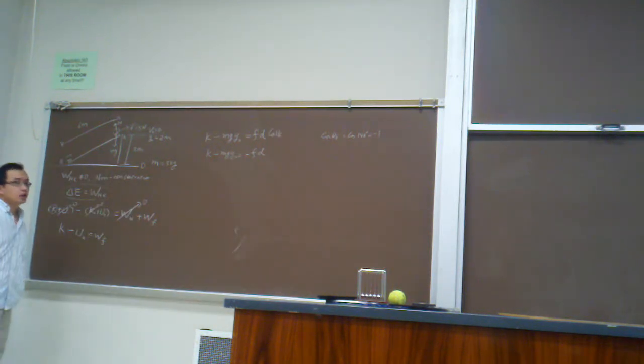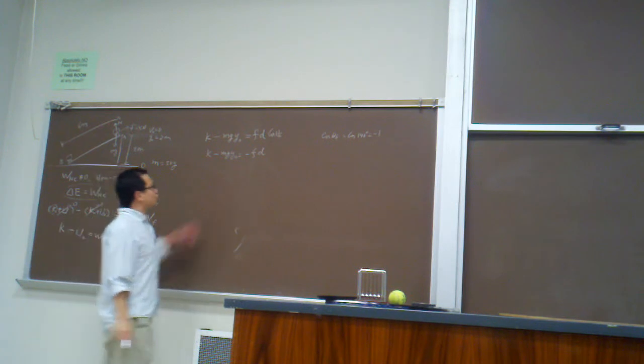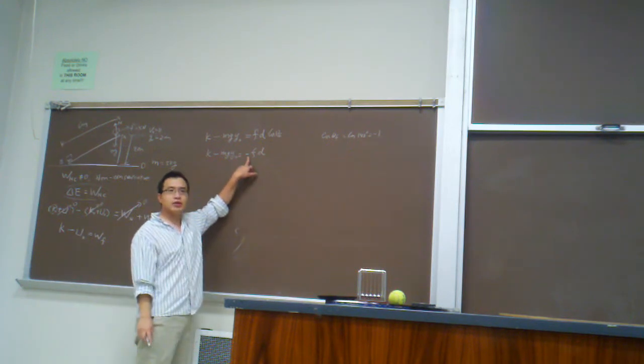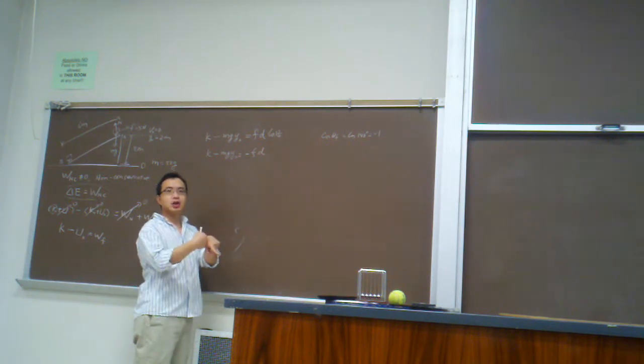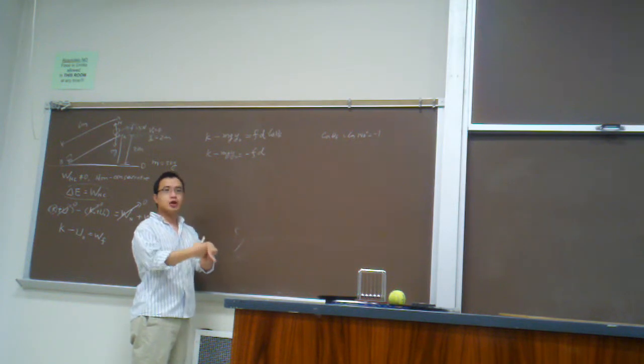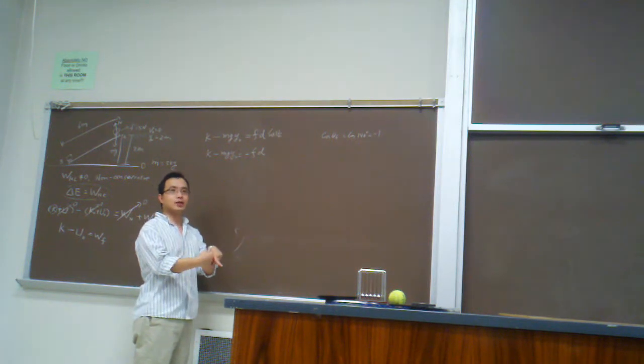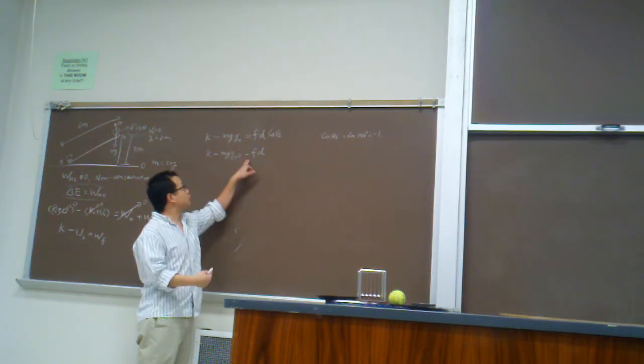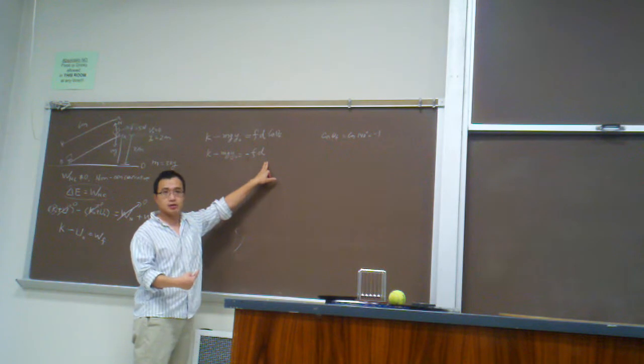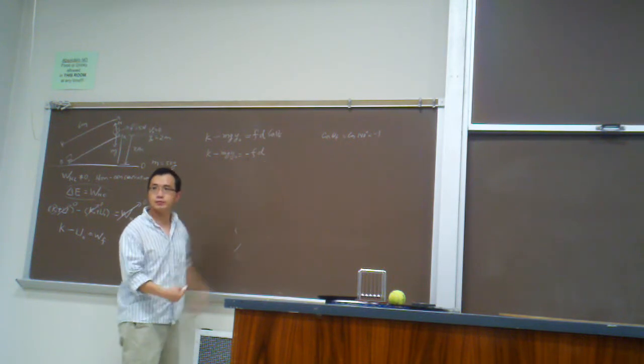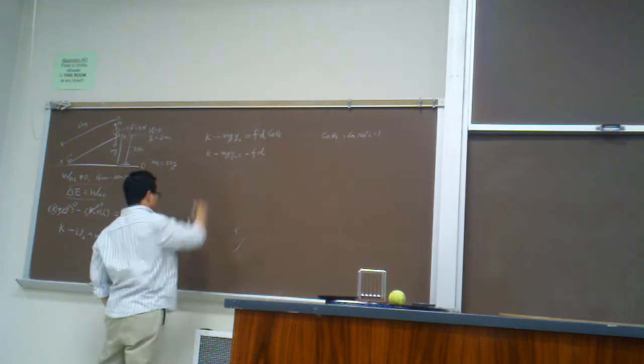In fact, if you are familiar with the frictional force, you can directly write this. The frictional force is always opposite to the motion, so the angle is always 180 degrees, and cosine 180 is always negative 1. So the work done by the frictional force is always negative F d.